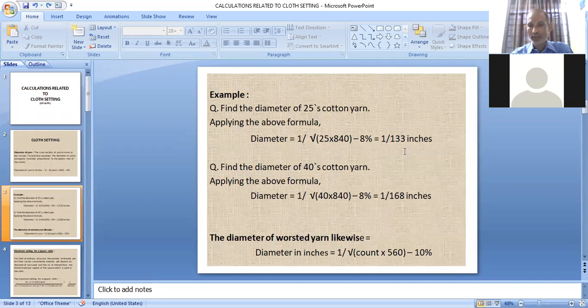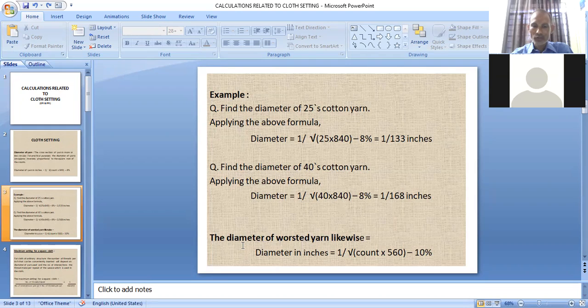After the class, you can do the calculations and check it. So the diameter of 25s cotton yarn will be 1 upon 133 inches. Similarly, one more example: if the count is 40s, then it is 1 upon 168 inches. Putting the values in the formula in a similar manner, you will get the yarn diameter of 40s cotton count yarn.